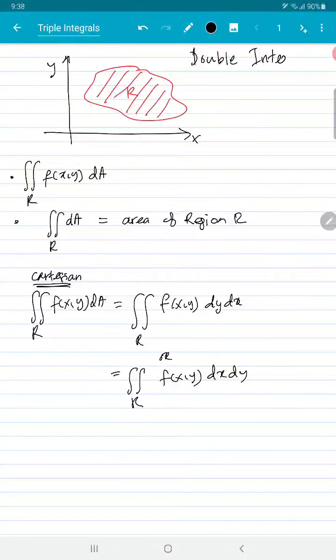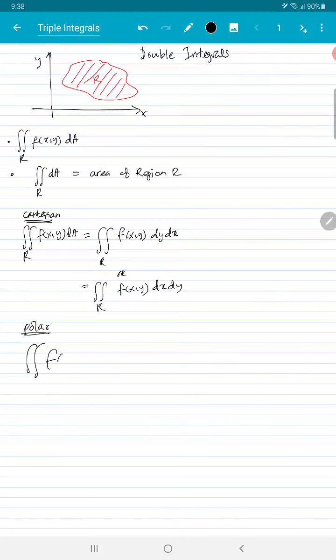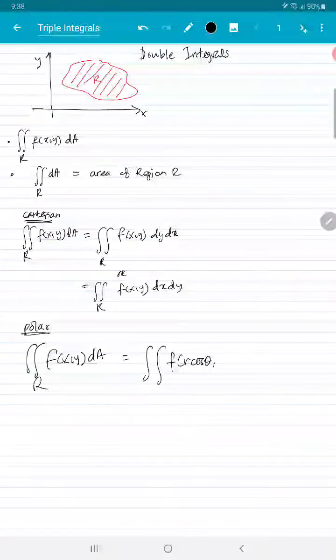Just to refresh your memory before we go to triple integrals. For polar, we still have our function f(x, y) dA integrate over region R, but in polar, x will be changed to r cos theta, and y will be changed to r sin theta, and dA here will be changed to r dr d theta. Okay, so that is polar.